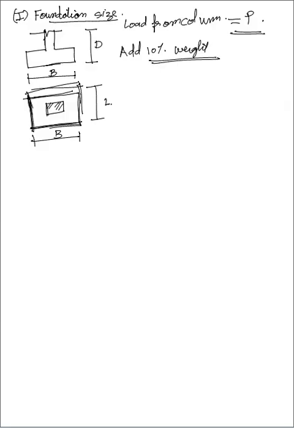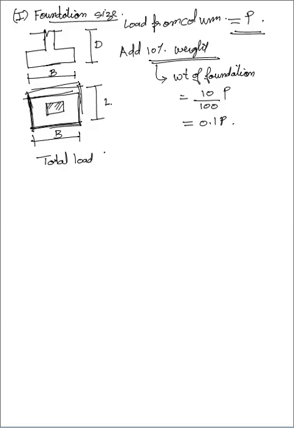Basically that is the weight of the foundation. 10% weight means 10 by 100 of P, so it is basically 0.1 P. This is the weight of the foundation. So what will be the total load? Total load PT will be P plus 0.1 P, that is 1.1 P.